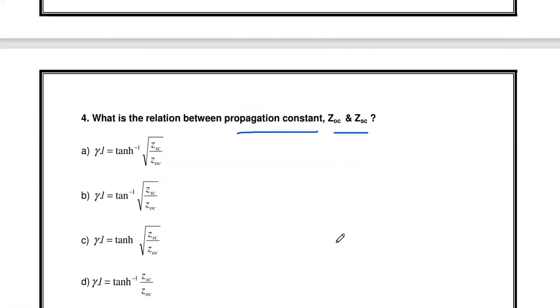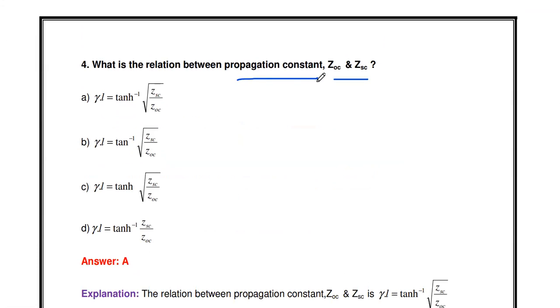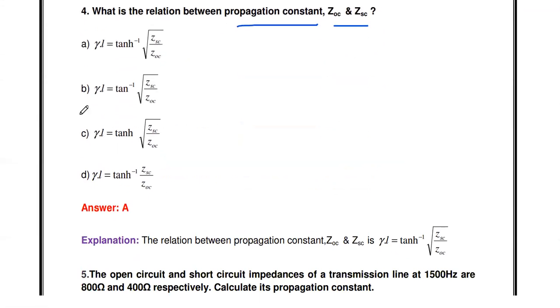Similarly, eta L, the propagation constant into length L, if the length is unity, then the propagation constant eta equals tanh inverse of the square root of ZSC divided by ZOC.